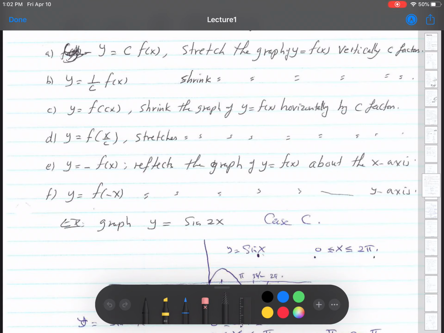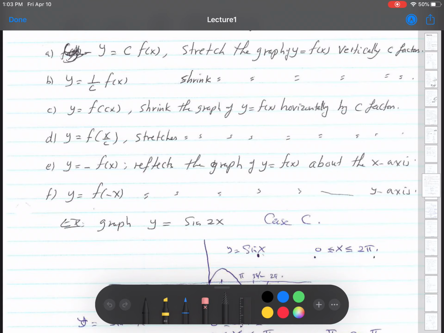So one thing you can see from here, for vertical and horizontal stretch, the c behaves differently. For vertical stretch, if it is c f of x, it is stretching, and for horizontal, if it is y equal to f of cx, then it's shrinking.